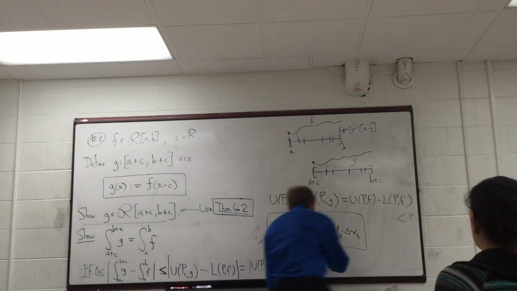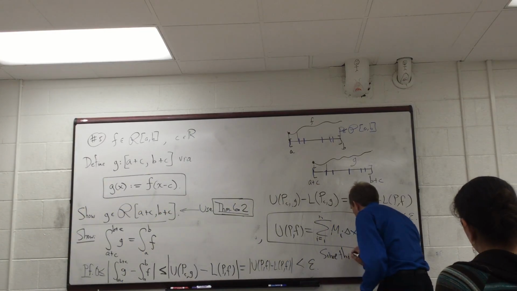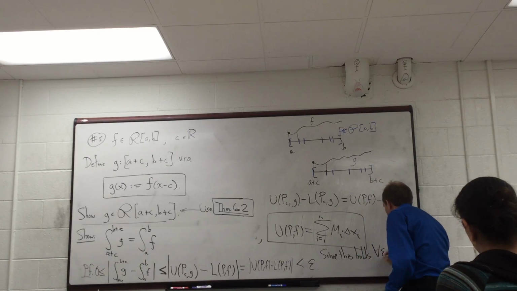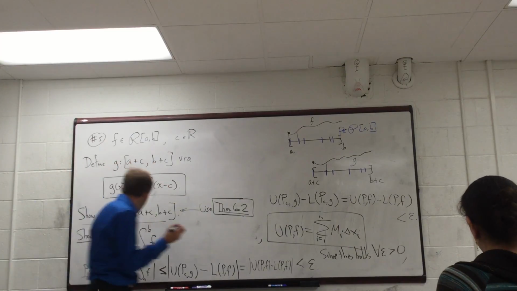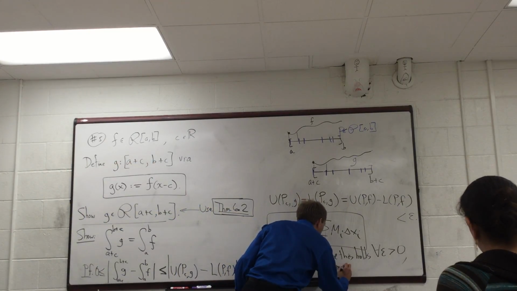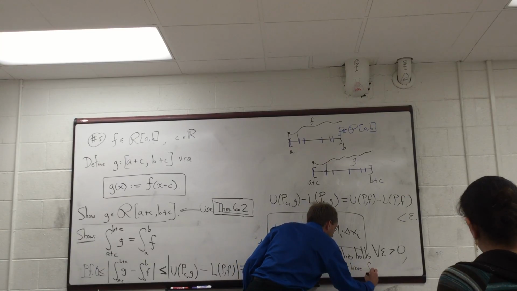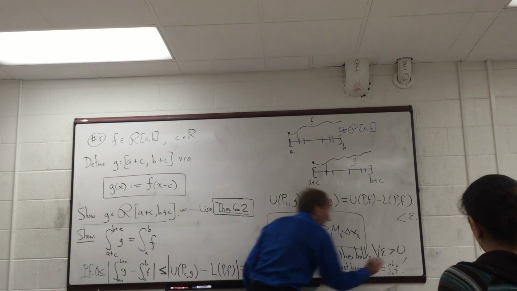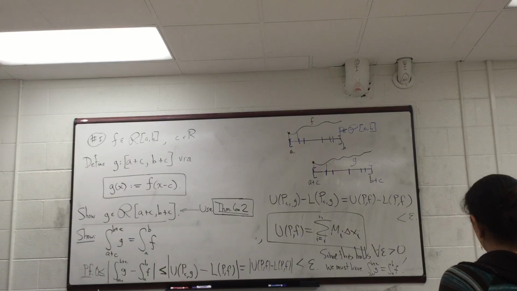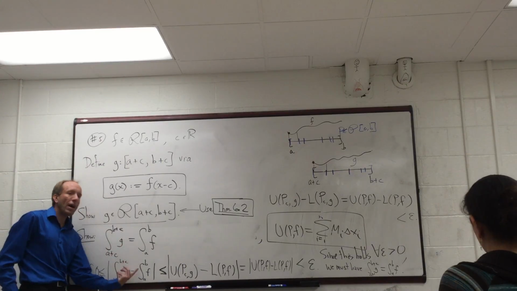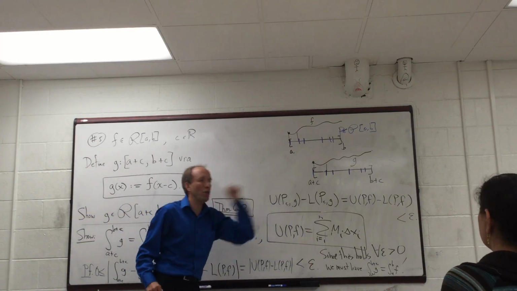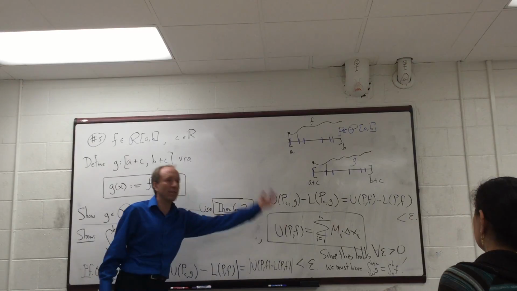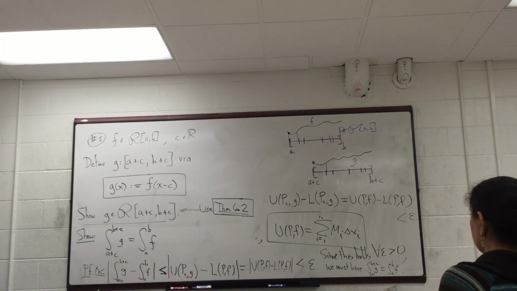So since this holds for all epsilon greater than 0, remember epsilon was arbitrary, we must have the integral from a plus c to b plus c of g equal to the integral from a to b of f. They have to be the same. If they're not the same, then we have a strictly positive number here, and I could just come along with an epsilon that was smaller than that and contradict this chain of inequalities. That's really what's going on.